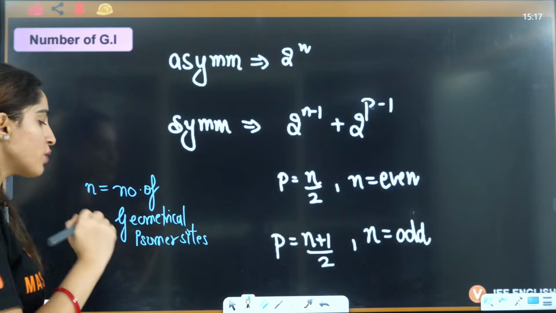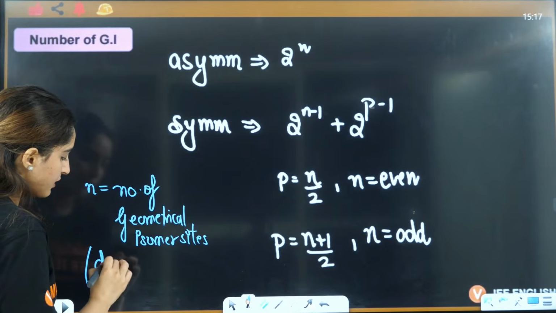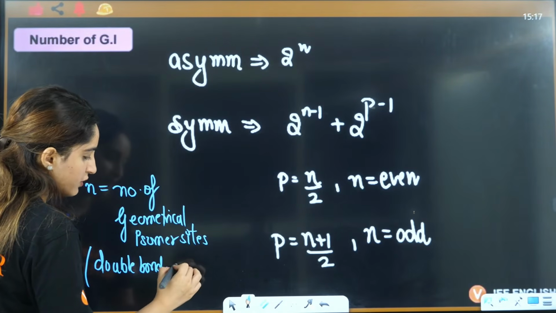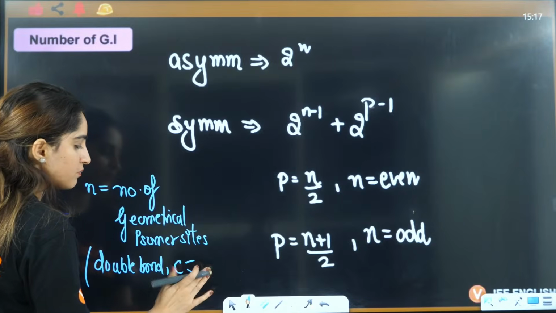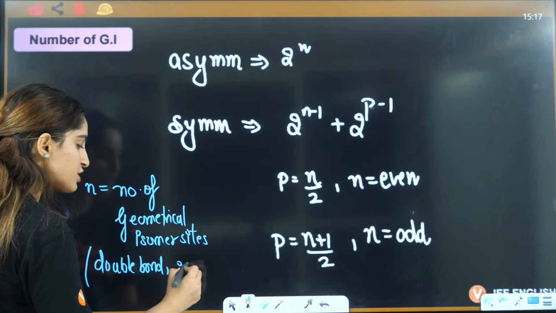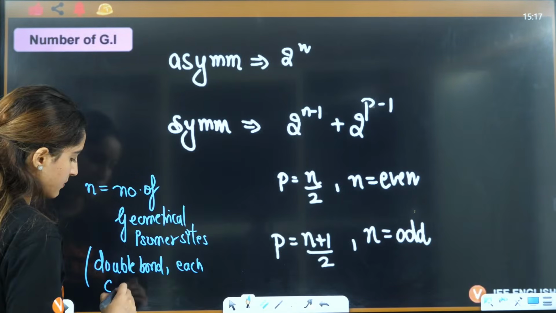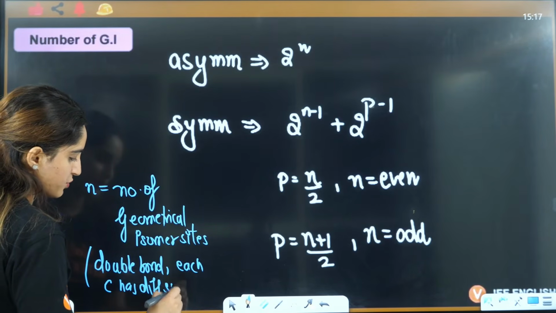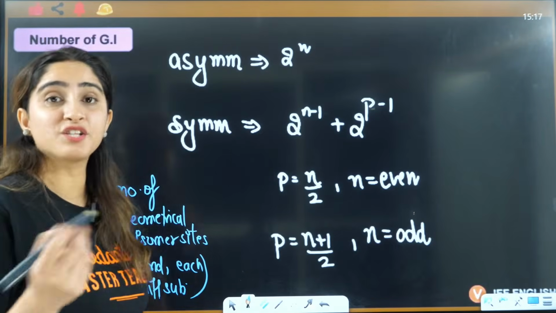That means you need to have a double bond with each carbon having a different substituent.